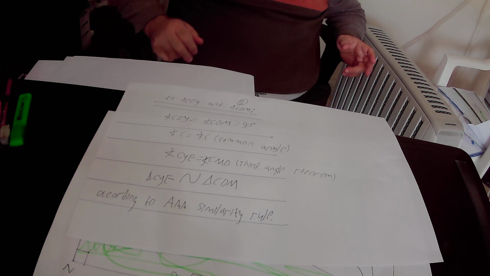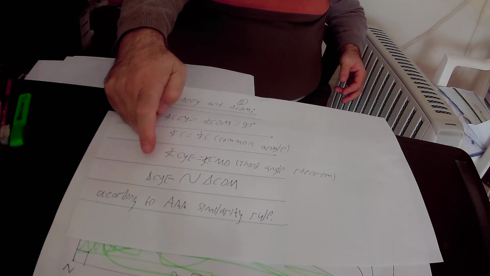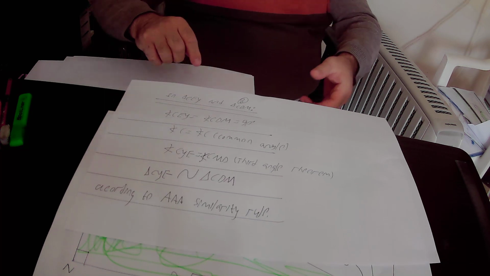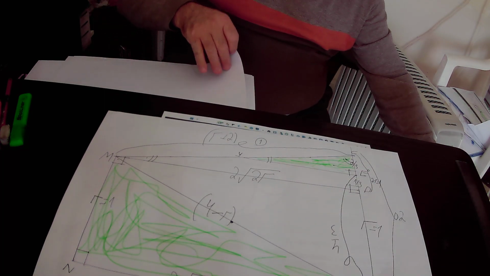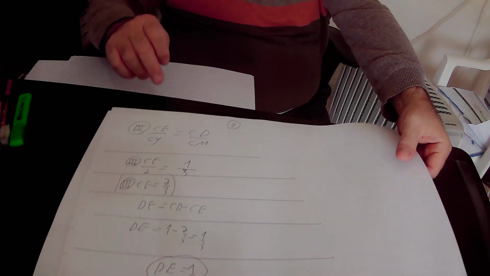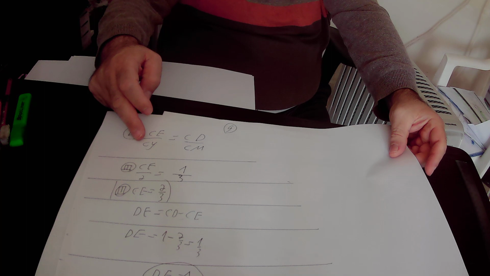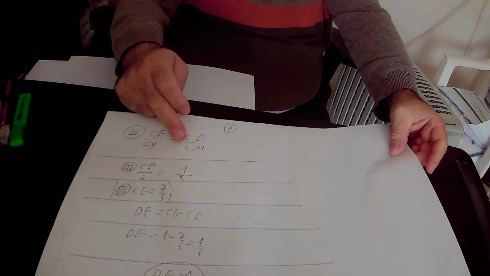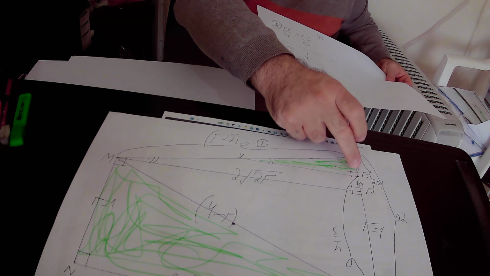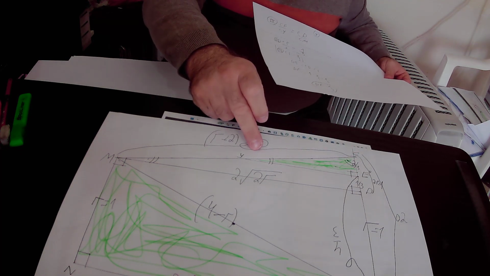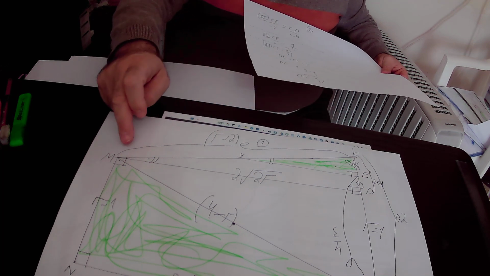And from the fact that triangle CYE is similar to triangle CDM, we conclude that the following equality is true: CE over CY in triangle CYE equals CD over CM in triangle CDM. I will repeat again: CE over CY in the green triangle is equal to CD over CM in triangle CDM.